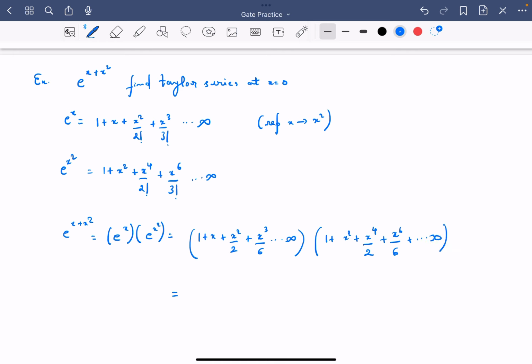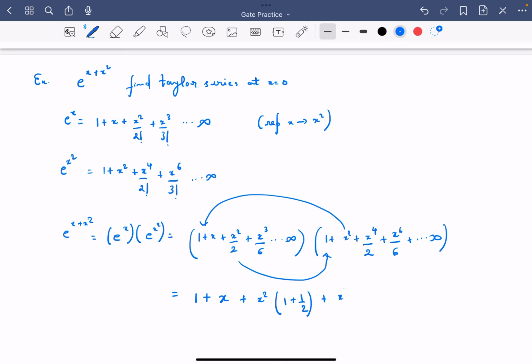Solve this to get 1 plus, we first write the x term, x, plus the x square term. So this is the x square term: x square into 1 plus x square by 2 into 1. So x square we write here first, 1 plus 1 by 2.